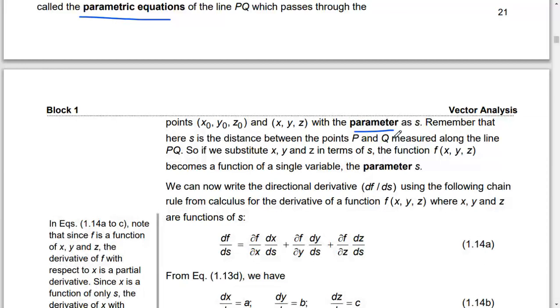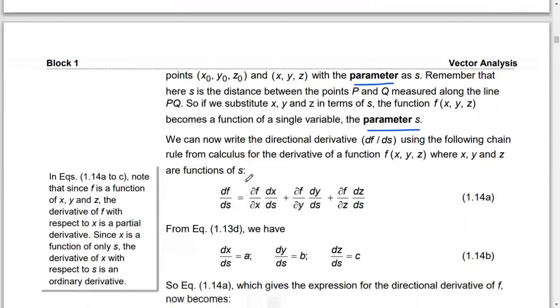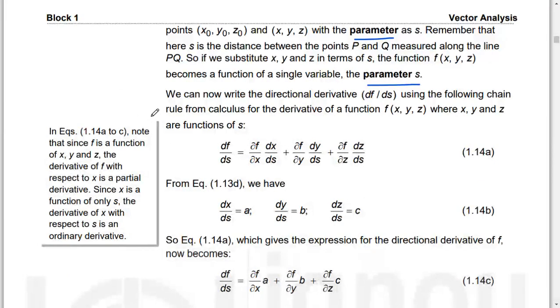So if we substitute x, y, and z in terms of s, the function f of x, y, z becomes a function of a single variable, the parameter s. We can now write the directional derivative df by ds using the following chain rule from calculus for the derivative of a function f of x, y, z, where x, y, and z are functions of s. df by ds equal to df by dx dx by ds plus df by dy dy by ds plus df by dz dz by ds.